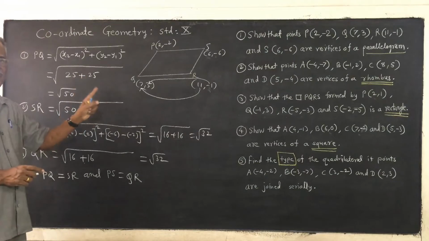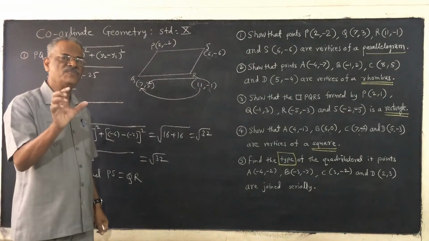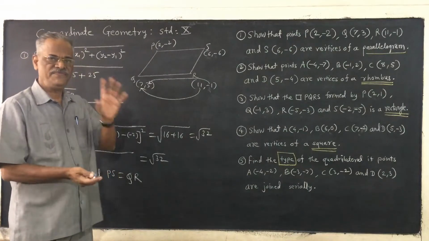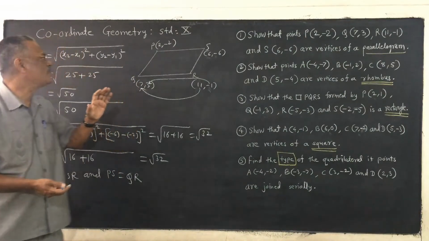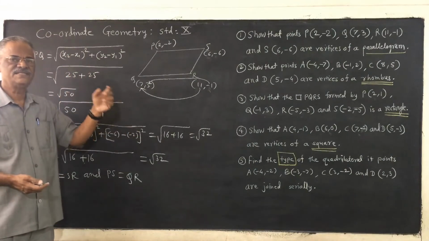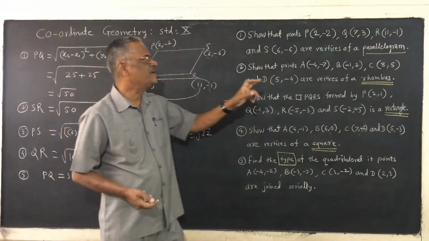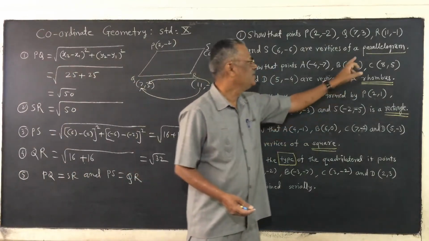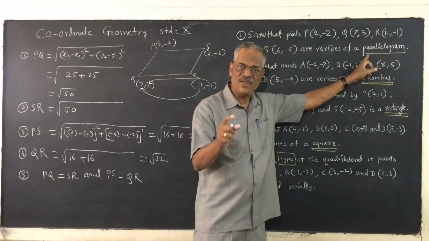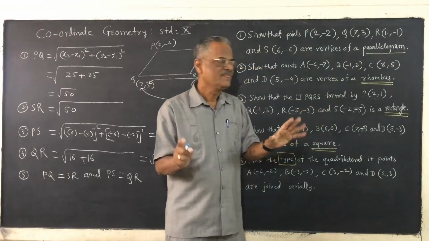If you use the distance formula properly, you can decide the type of that quadrilateral by using its properties. Remember that in a parallelogram, opposite sides are equal.